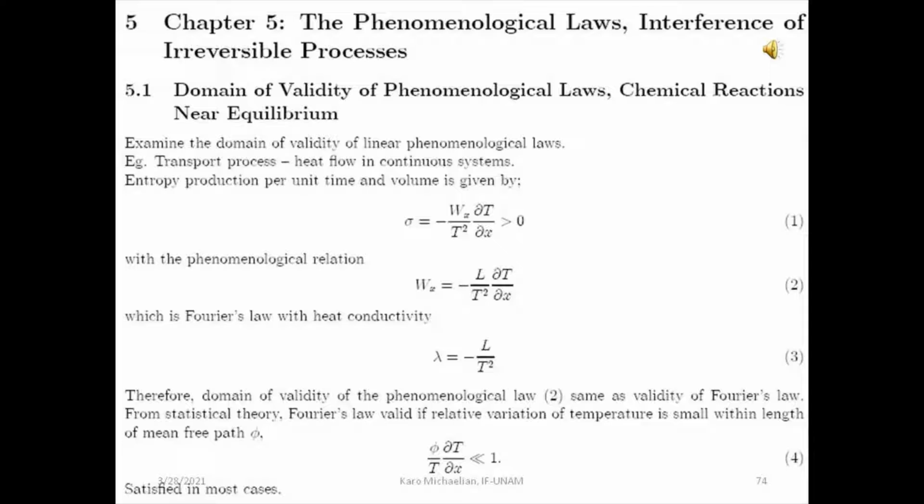This is equation 2. And this is of course nothing more than Fourier's law with the heat conductivity, lambda, equal to minus L over T squared. Therefore, the domain of validity of the phenomenological law, equation 2, is the same as the validity of Fourier's law for heat flow.